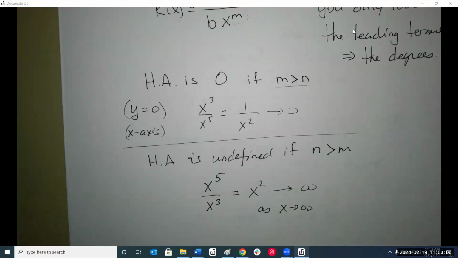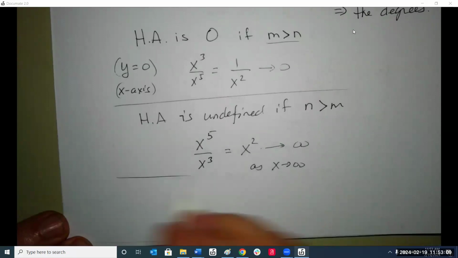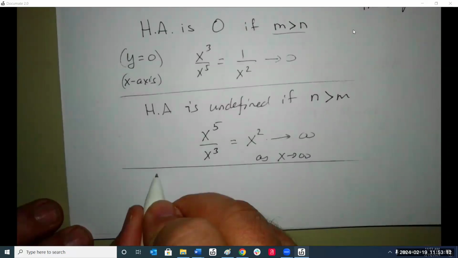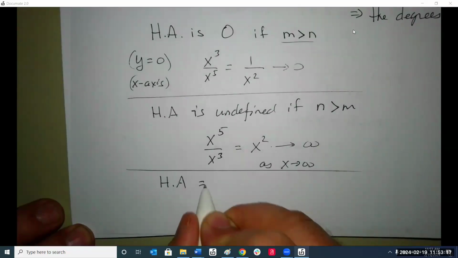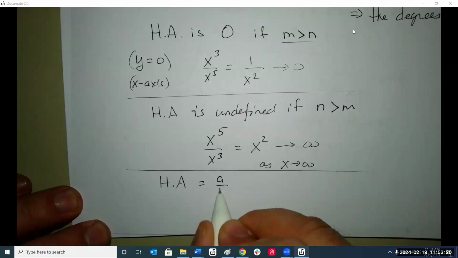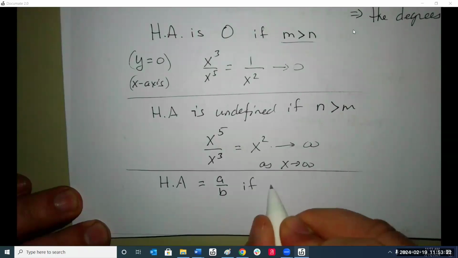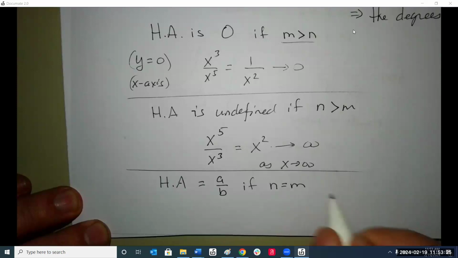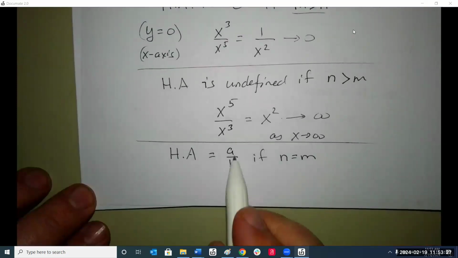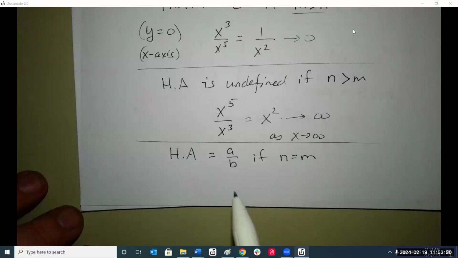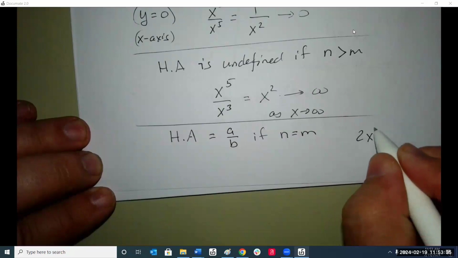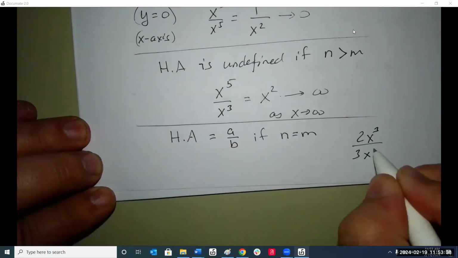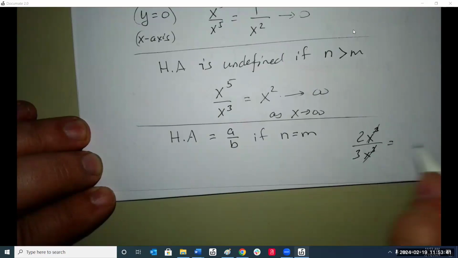There is no horizontal asymptote. If the degrees are the same, then the horizontal asymptote is simply the ratio of the coefficients. 2x to the third over 3x to the third. The x to the thirds cancel, so we have 2/3. And that's your horizontal asymptote.